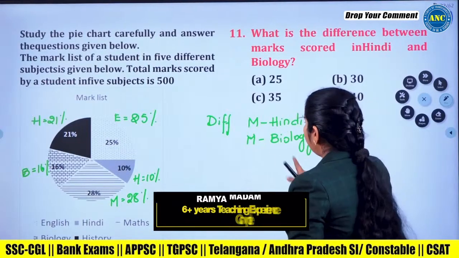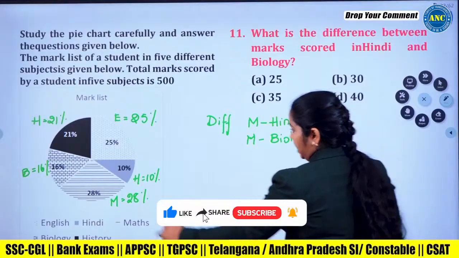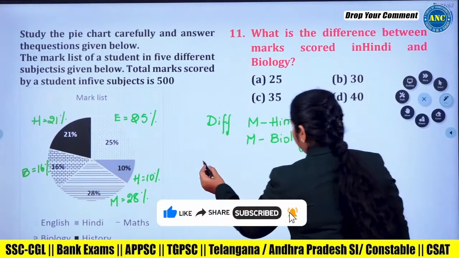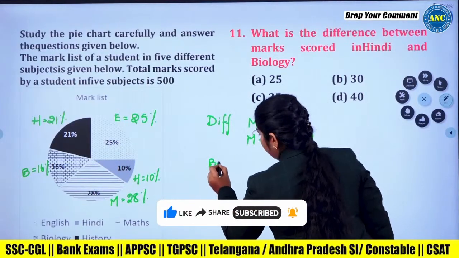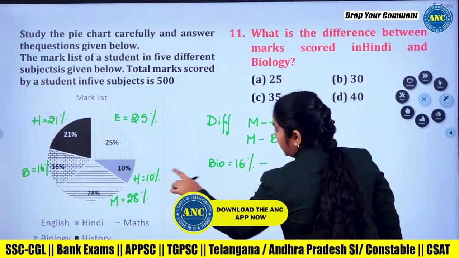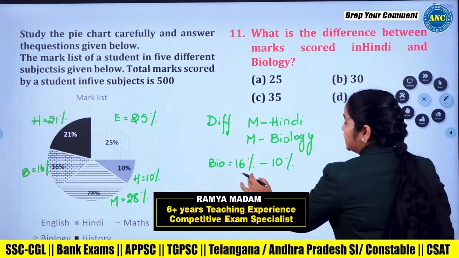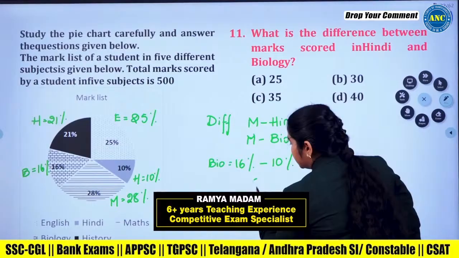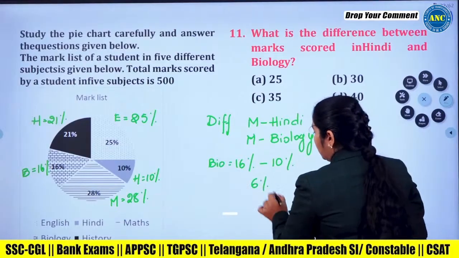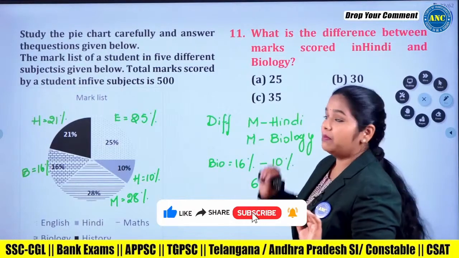So, we need the subtraction of Hindi from biology. Biology is 16% minus Hindi is 10%. That's all. 16 minus 10 is how much? 6%. So, we just need 6% of the total marks.